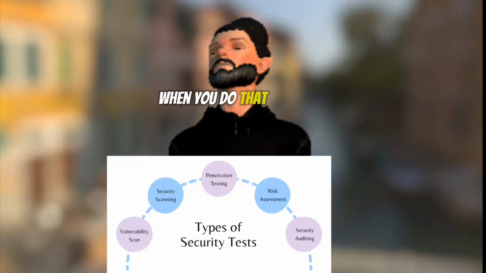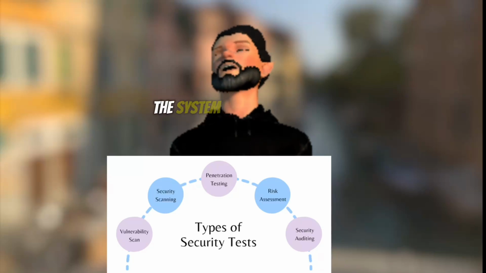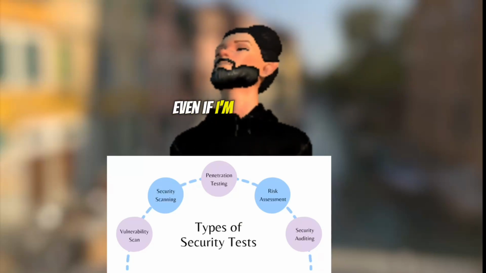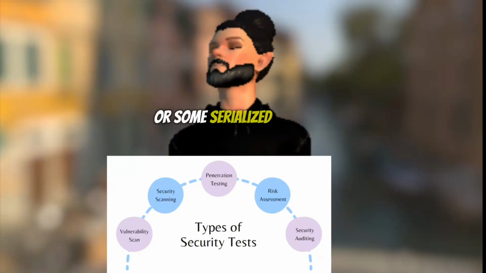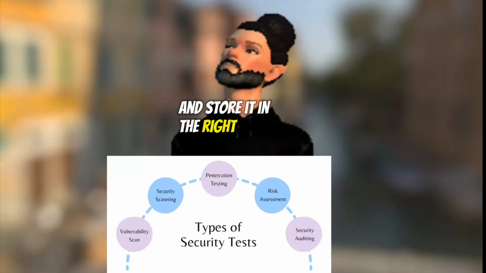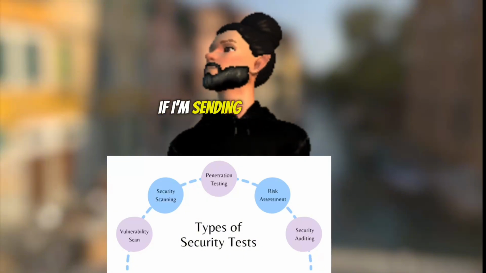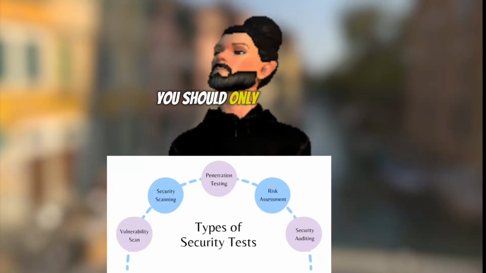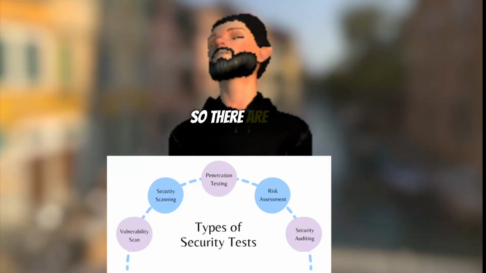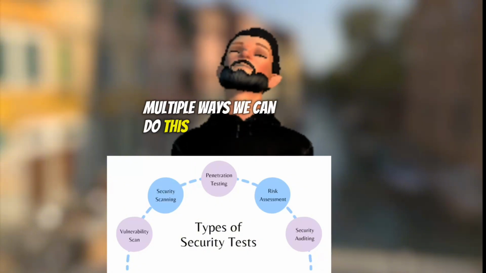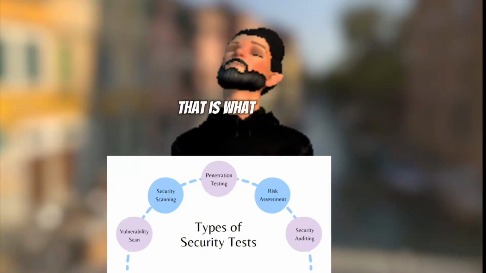When you do that, the system shouldn't accept them. The system should show an error. Even if I'm sending an SQL script, it should be converted into a JSON string or some serialized data and stored in the right places. If I'm uploading a file, it should only accept that specific kind of file, not any different type of file. So there are multiple ways we can do penetration testing. That is what we are trying to do.